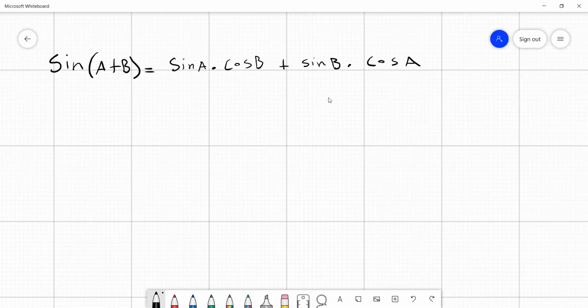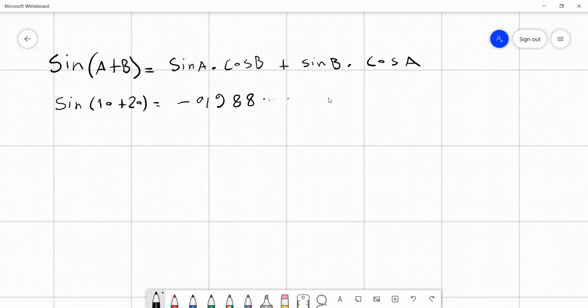And I will quickly prove this, of what it really means. So this is basically saying that if we have something as sine, let's say 10 plus another number, let's say 20. So if you go ahead and put this in your calculator, sine 30, you should get negative 0.988 and some other decimals.